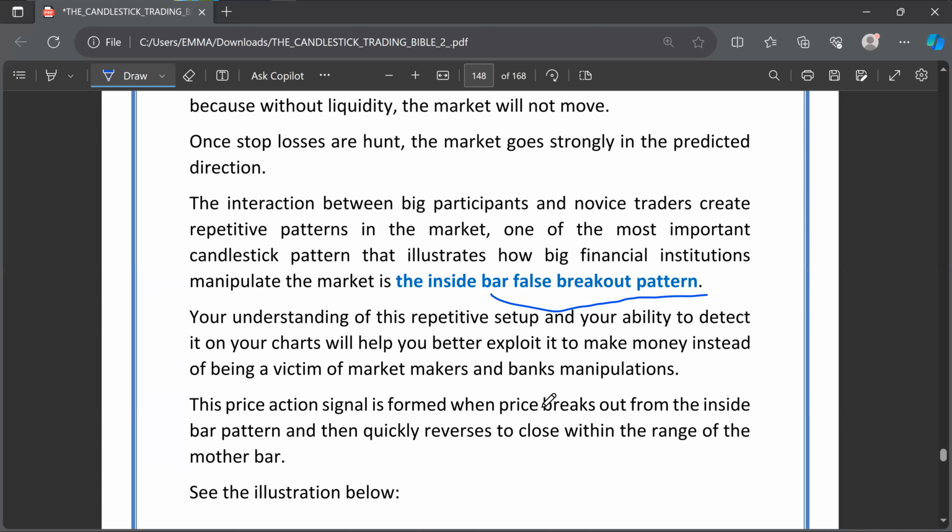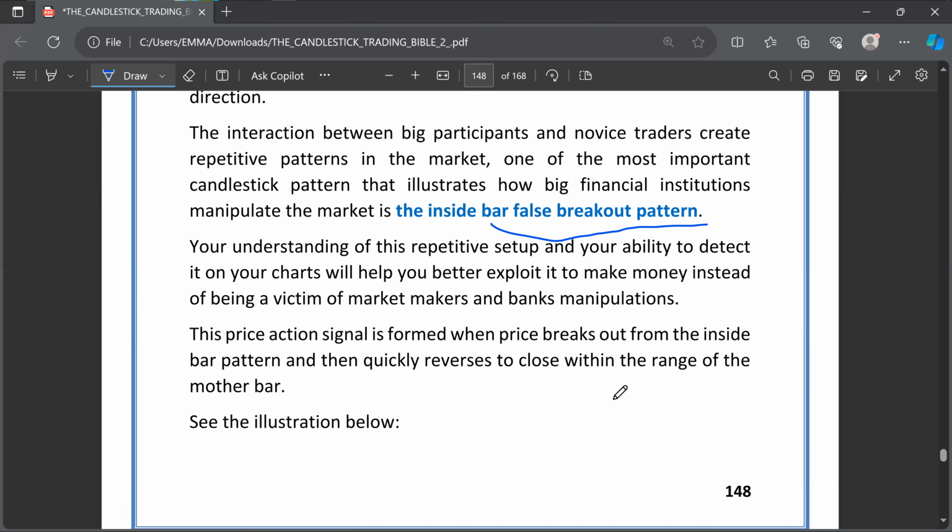Your understanding of this repetitive setup and the ability to detect it on your charts will help you better exploit it to make money instead of being a victim of market makers and bank manipulations. This price action signal is formed when price breaks out from the inside bar pattern and then quickly reverses to close within the range of the mother bar.